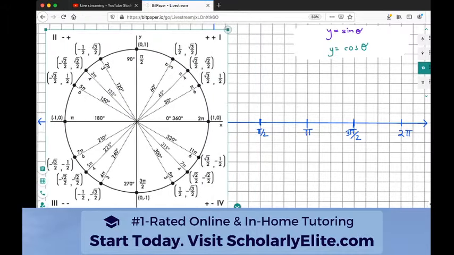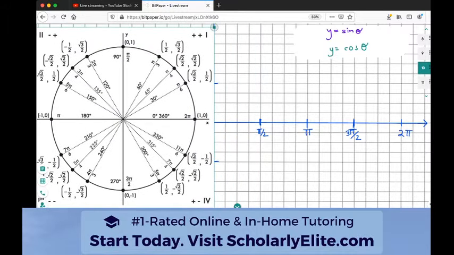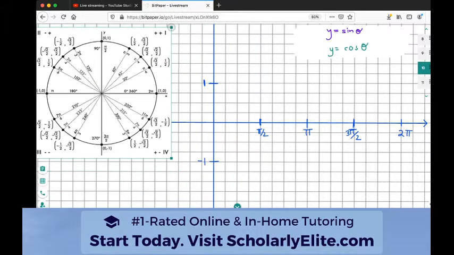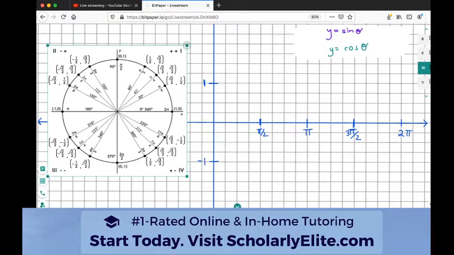let's take a look at our unit circle here in conjunction with what we're about to do. So if you recall that on our unit circle, the x values are cos and the y values are sine. So this is a cos and this is a sine. This is a cos, this is a sine, this is a cos, this is a sine.